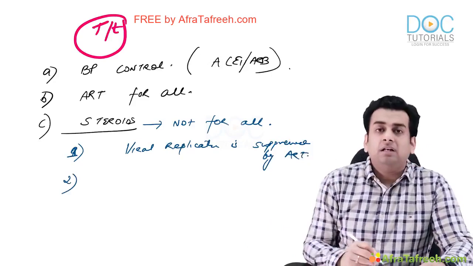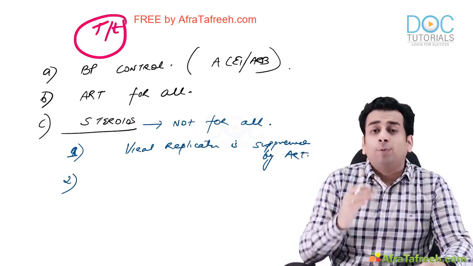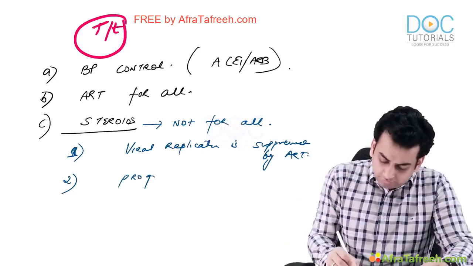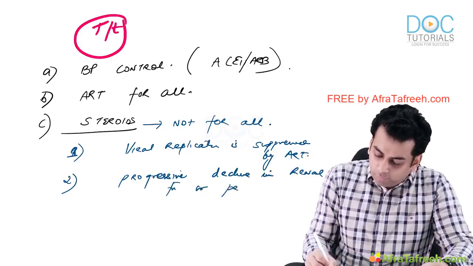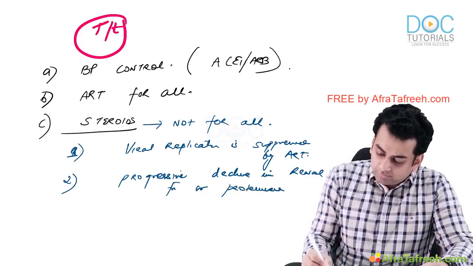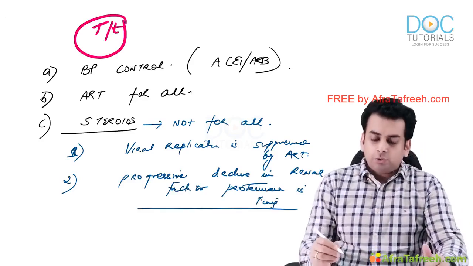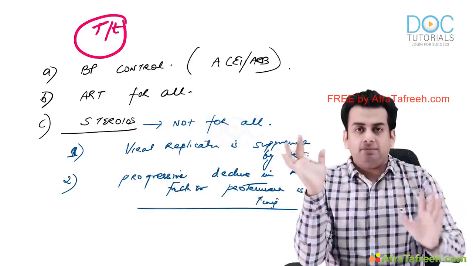And of course, because the disease is too aggressive, there is progressive decline in the renal function, or the proteinuria is increasing. So on one hand, you have to show that the kidney is going worse day by day.